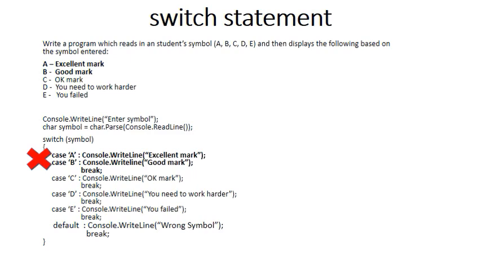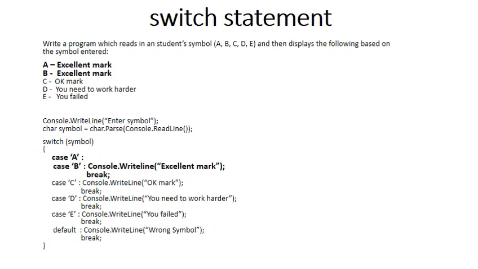Just to repeat, you can't do that for the user to enter an A, and for the program to display excellent mark as well as good mark. The only time where the program would go from one case to the other is when the first case is totally empty.